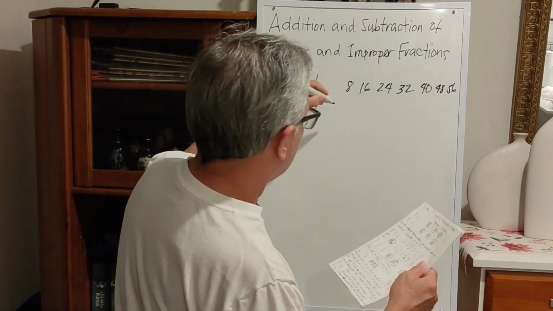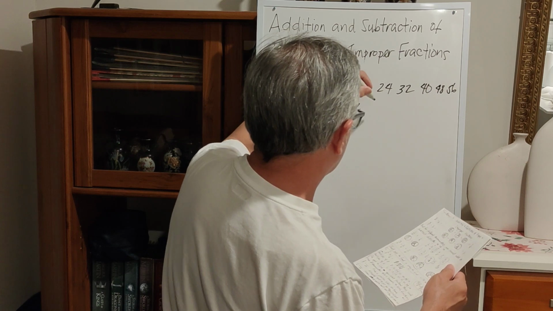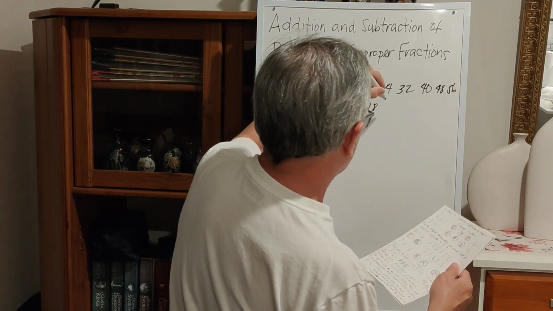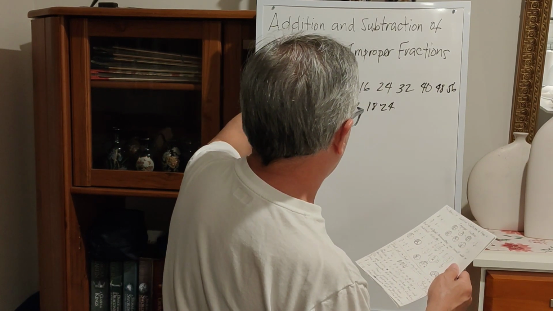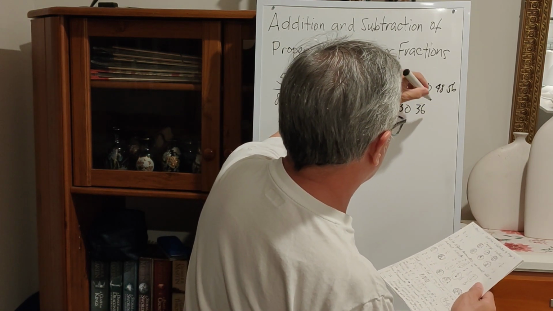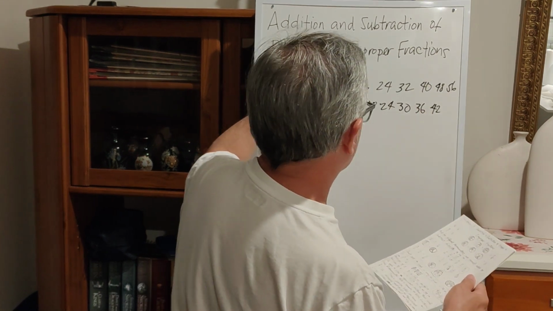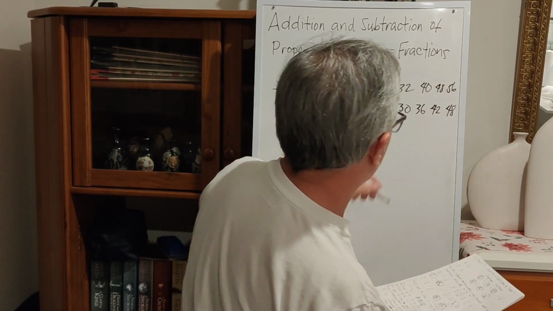Now for 6, we have 6 times 2 is 12, 6 times 3 is 18, 6 times 4 is 24, 6 times 5 is 30, 6 times 6 is 36, 6 times 7 is 42, 6 times 8 is 48.